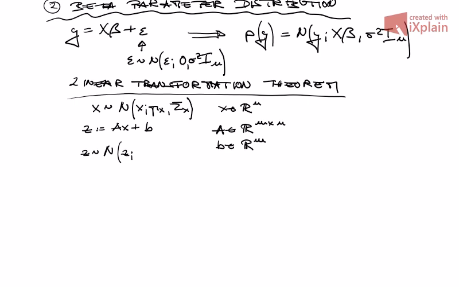Have a guess. I asked what is the expectation parameter of the random vector z that we already have stated is Gaussian distributed, but what is its expectation?